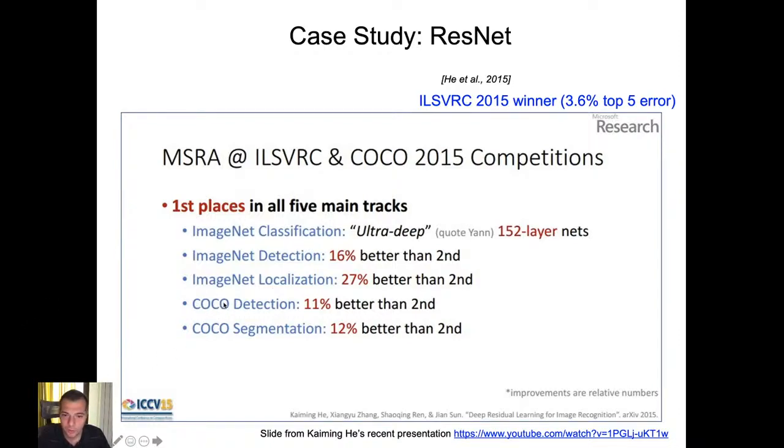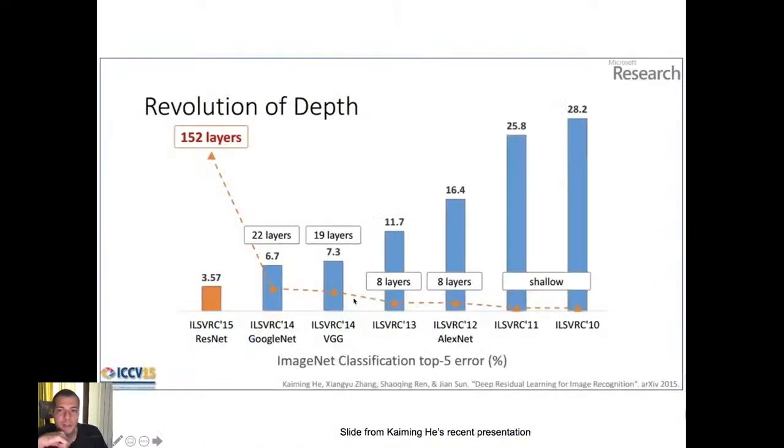And they also participated in the Microsoft Objects in Context challenge, and they also obtained second place there. On the ImageNet classification challenge, they reduced the top 5 error to 3.6%. So from the previous year, they managed to almost halve the error rate of the previous year's model.